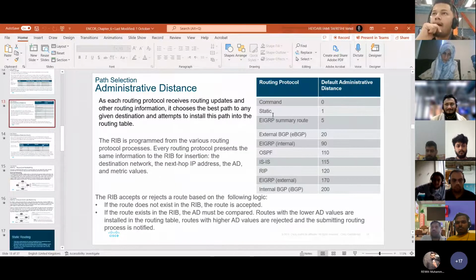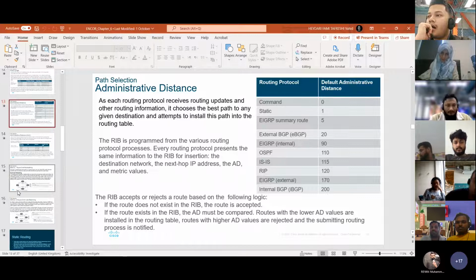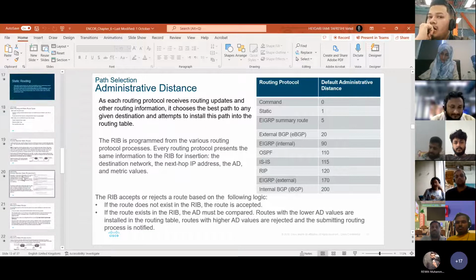Back to this slide where I talked about administrative distance for different routing sources. You can see that static routes are pretty much preferred over all the dynamic routing protocols, because they have an administrative distance of 1. So if you know about one network through 2 sources, one being static, the static is always going to win the competition.